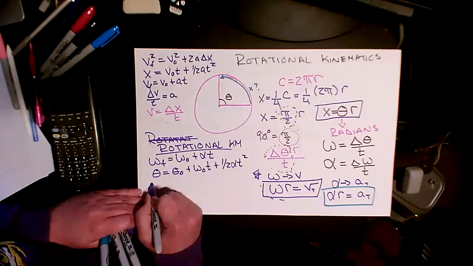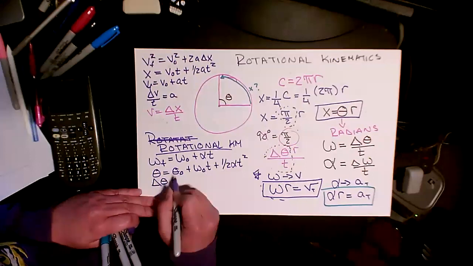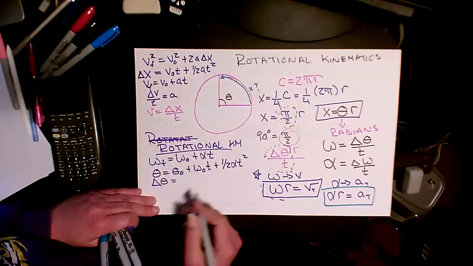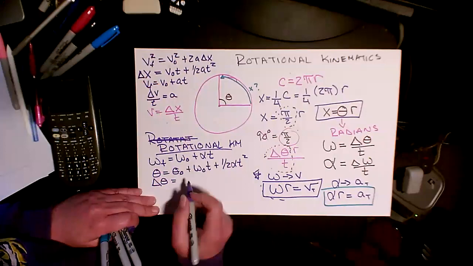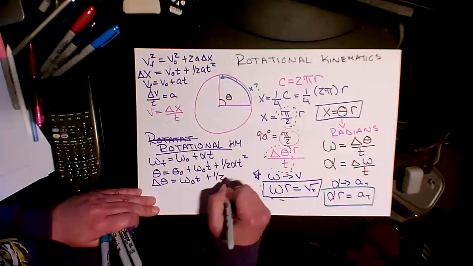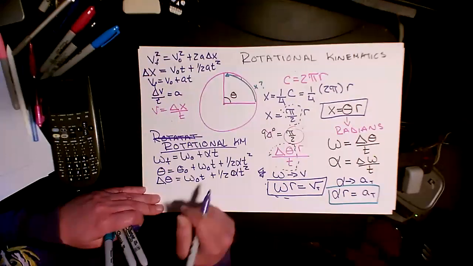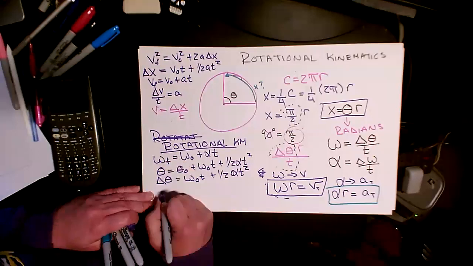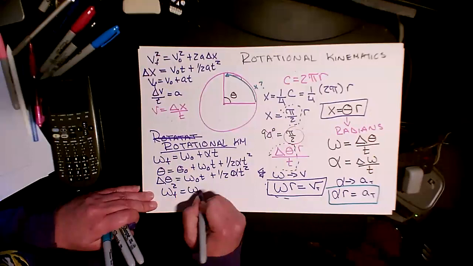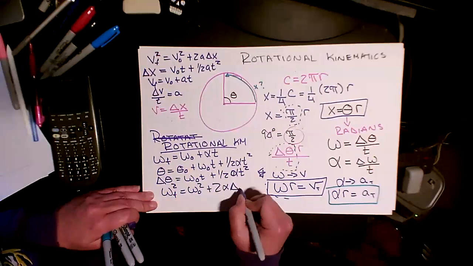This is delta theta, which, if I was being complete, is a change in x. So a change in theta is omega t plus 1/2 alpha t squared. And I can do the same thing with omega final squared equals omega naught squared plus 2 alpha delta theta.